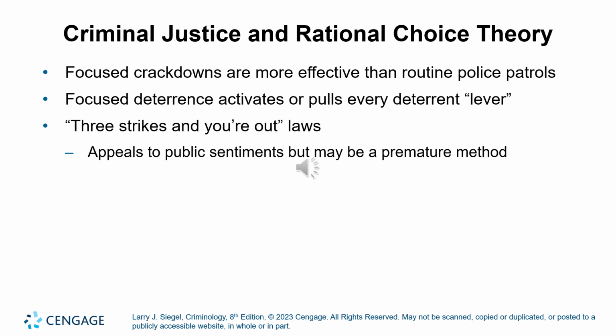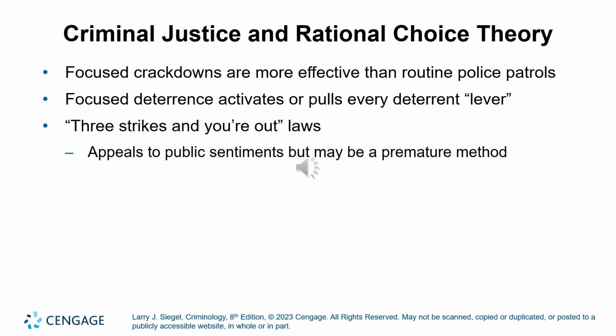Now let's look at how rational choice theory connects to criminal justice strategies. Research shows that focused crackdowns, where police concentrate efforts on specific places, offenders, or problems, are generally more effective than routine patrols. The idea is that targeted enforcement increases the certainty of punishment in the areas where it matters most.